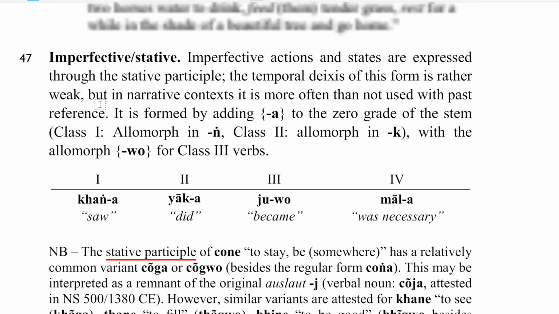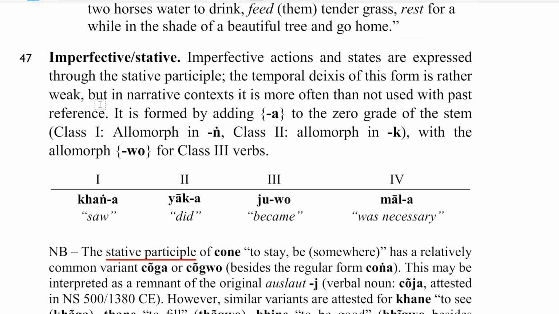So let's get started. The imperfective or stative participle is formed by adding to the 0 grade of the stem. So for the first class verb it is nga, and for the second class it is ga. For the third class it is wa, and for the fifth one it is la. And you see mala here, the stative participle is actually the same as the perfective past.